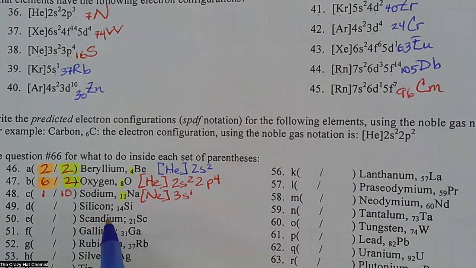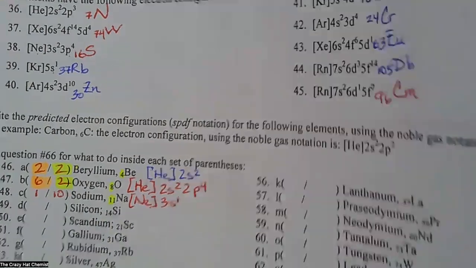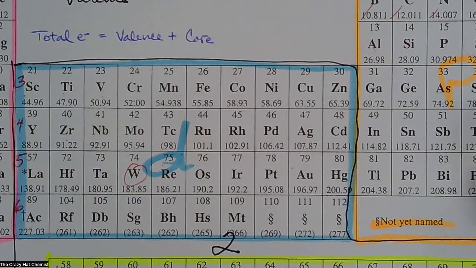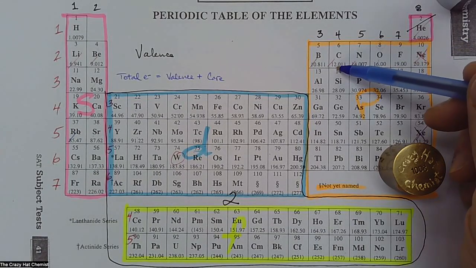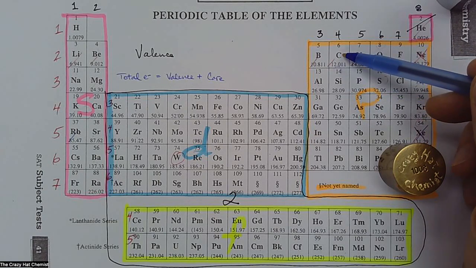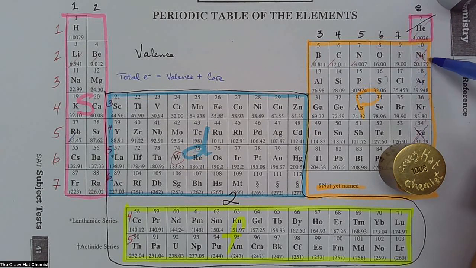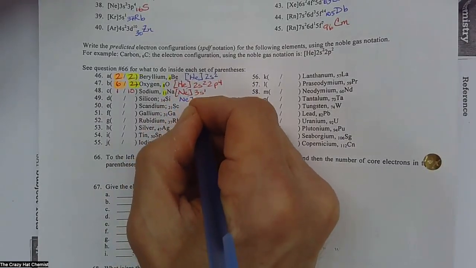All right, the next element here is silicon. That's element number 14. So let's find that on our periodic table. Okay, that is right here, element number 14, that's silicon. So we're going to go up one period, slam it to the far right, find our noble gas. Our noble gas is going to be neon. We're going to write that down. So that will be neon.